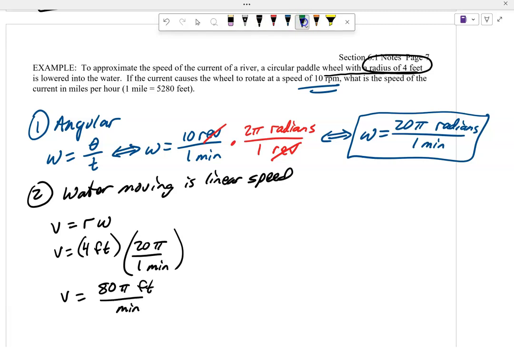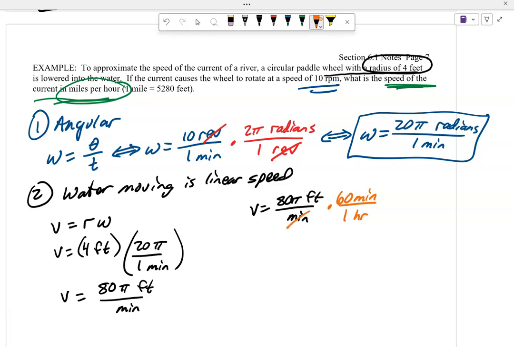Now notice though, they wanted this in miles per hour. Right now we're in feet per minute. So right now I'm at 80 pi feet per minute. I want it in miles per hour. Well, let's get it in hours first. So let's multiply. We know there's 60 minutes for every 1 hour.